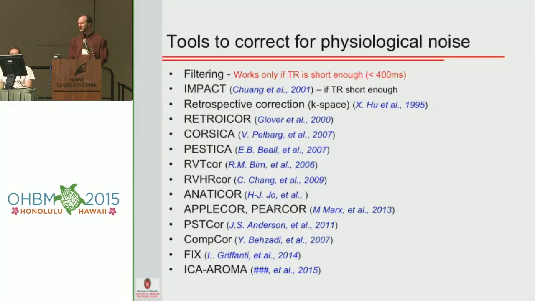So in order to correct for physiological noise, a large number of algorithms have been developed. And I apologize for leaving off the author for the last technique, ICA-ROMA. I'll have that citation in a later slide.